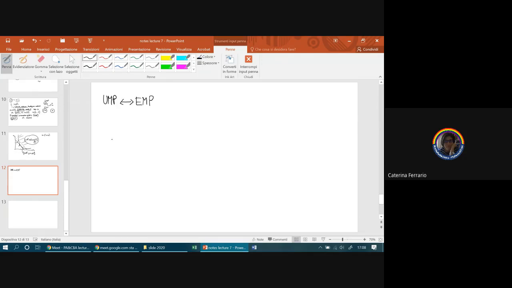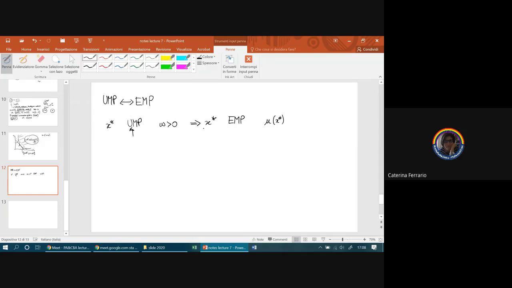In particular, we take it as assumed, we don't prove it, but it is proved that if X star is optimal under the UMP when wealth is W greater than 0, then this X star is also optimum in the expenditure minimization problem when the required level of utility is exactly U of X star, the utility that we had here.